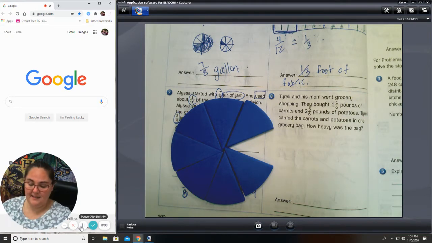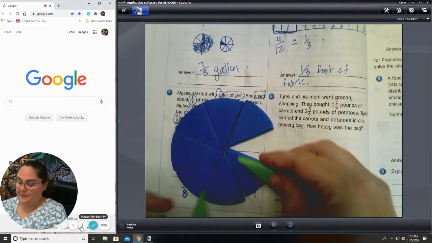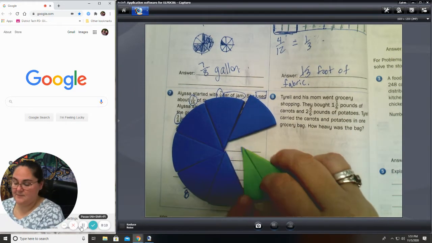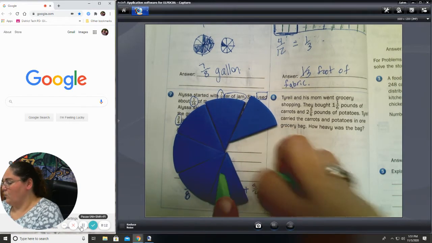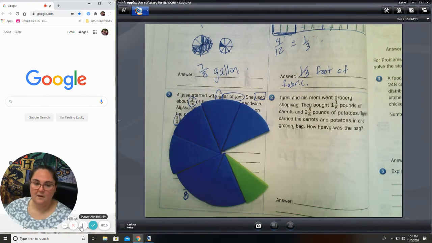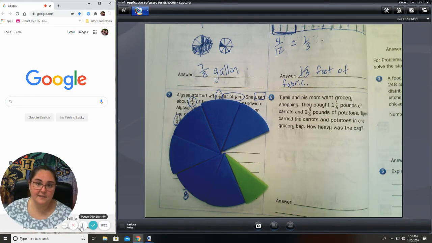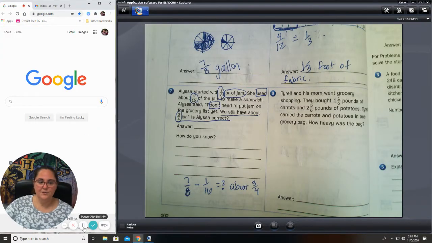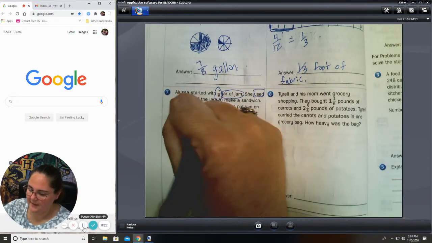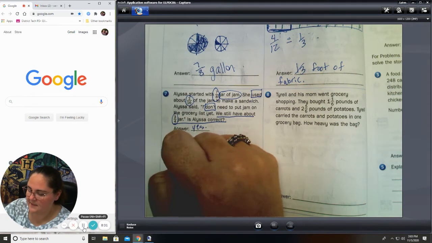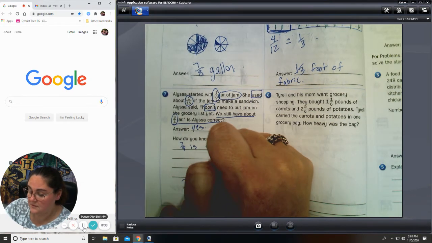So basically, I just need to split up one of these. So I'm going to take this one right here and I'm going to split it up and make that be 1/16. Is it still about 3/4? Yes. Hold on. So the way that I would answer this is, yes. 7/8 is almost 1.